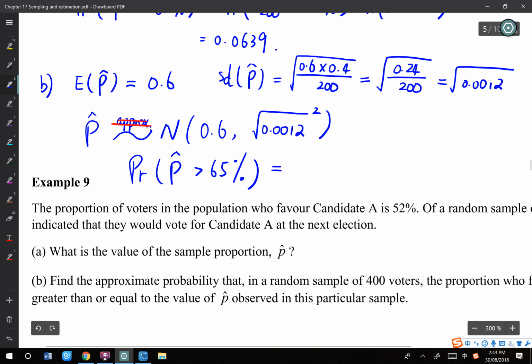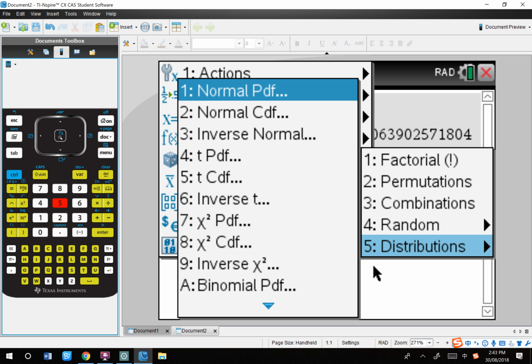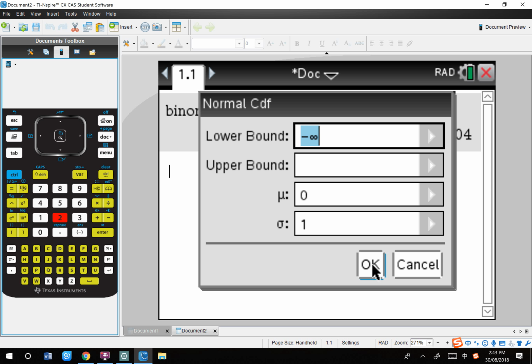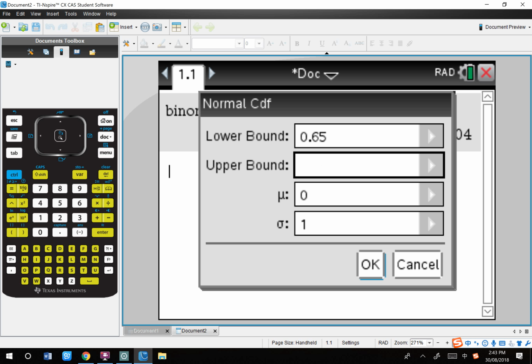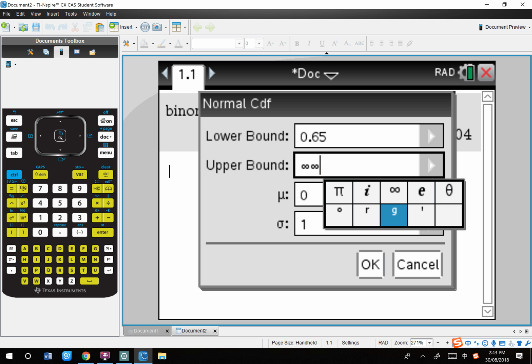And I just use the calculator directly. I don't care about what X is. Because it's a normal, I use menu 5 5 2 for normal CDF. The lower bound is 0.65 because it's 65%. What's my upper bound? Infinity. Okay, it's not 1, it's infinity.